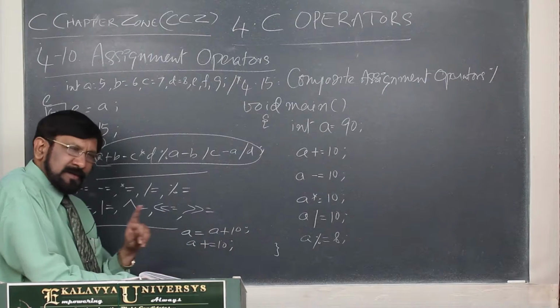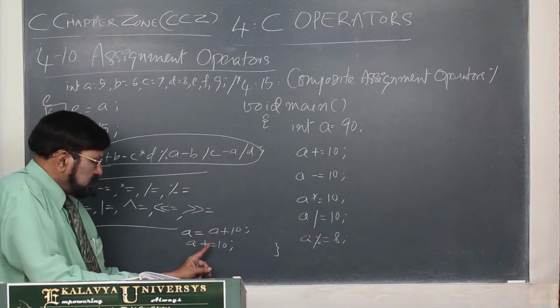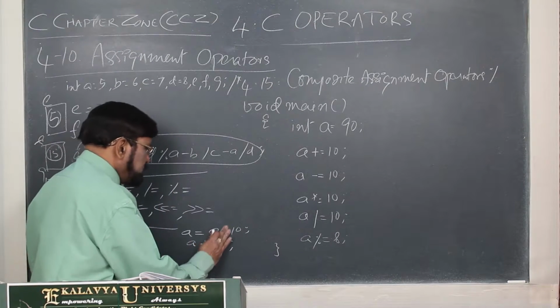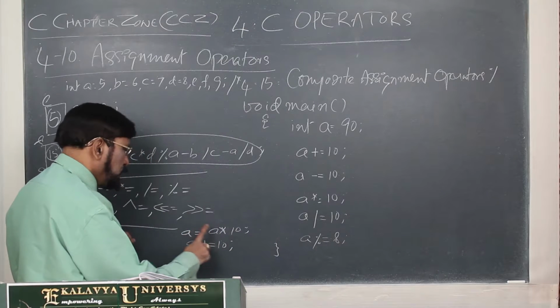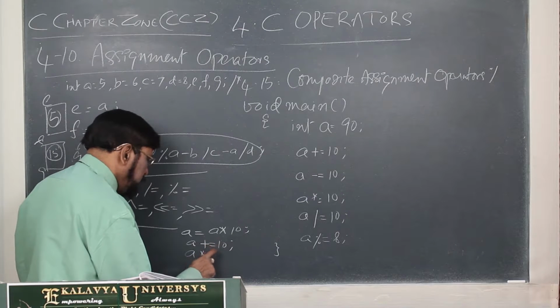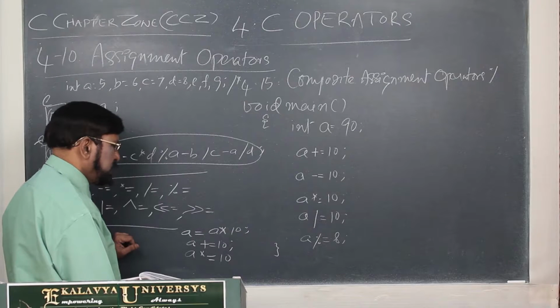Here, as I told you many times, you should not leave any space between plus and equal to. These are twin symbols. Suppose this is multiplication, a is equal to a into 10. Then you write a multiplication equal to 10.